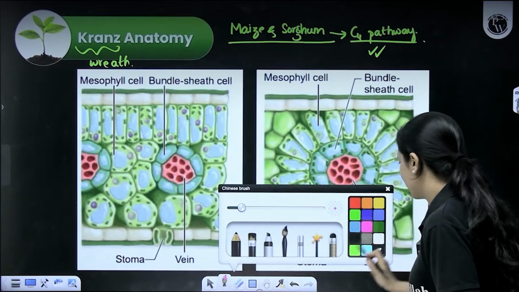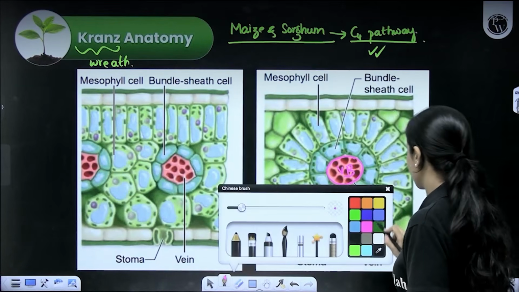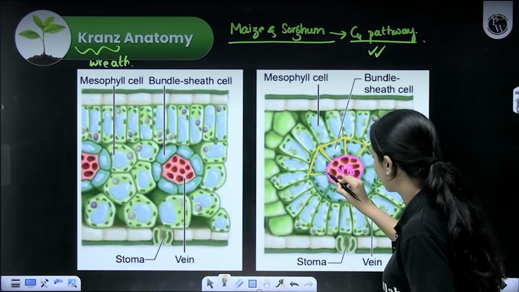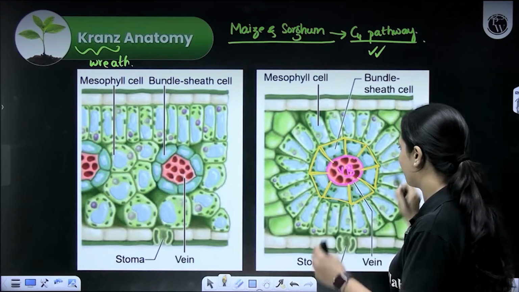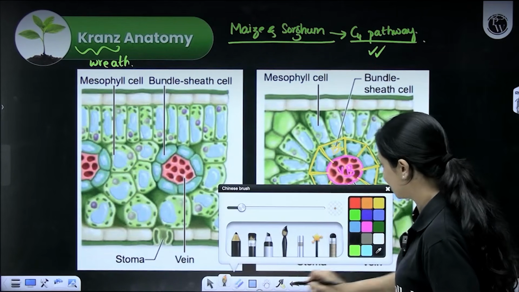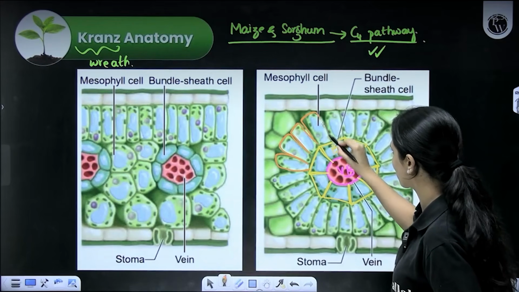Centrally, you have xylem and phloem here. This is your vascular bundle. Surrounding the vascular bundles, you obviously have bundle sheath cells that I'm going to outline using yellow color here. Surrounding the vascular bundle is the bundle sheath. These are your bundle sheath cells. And surrounding the bundle sheath cells, you have mesophyll cells.